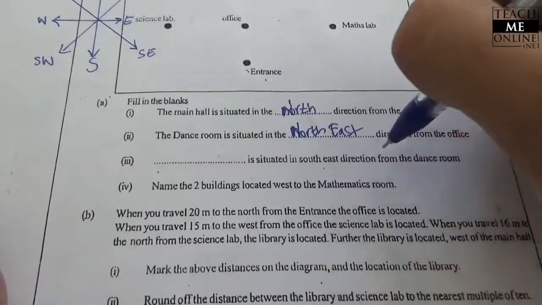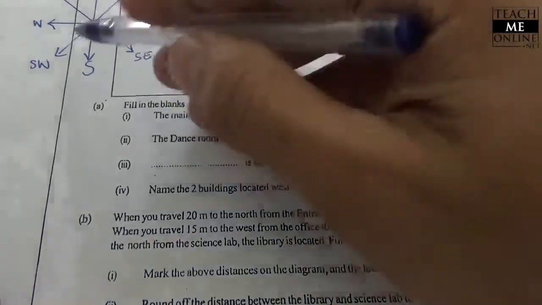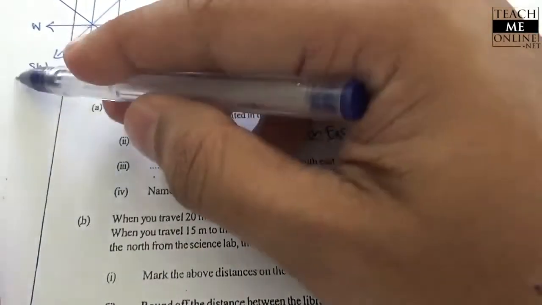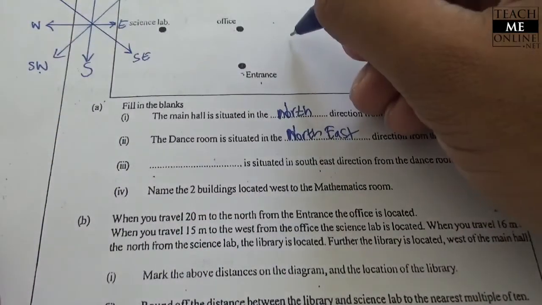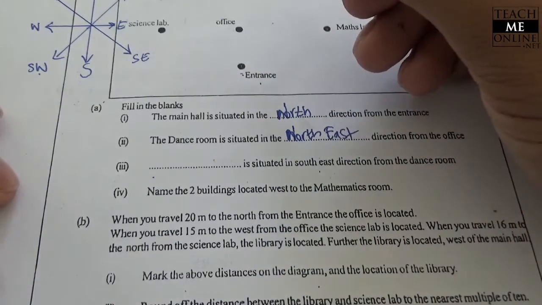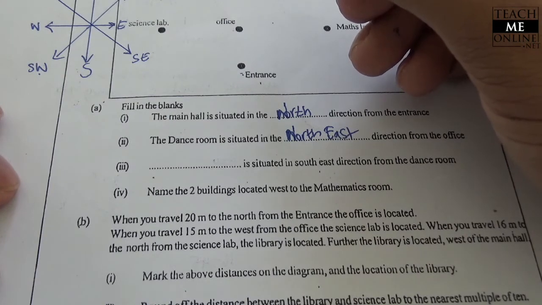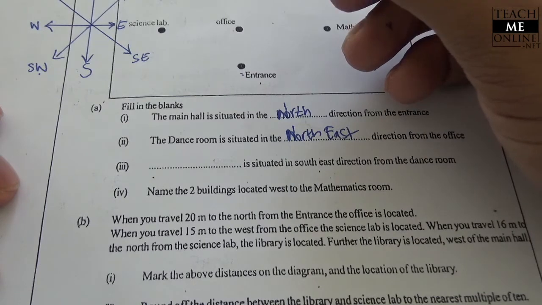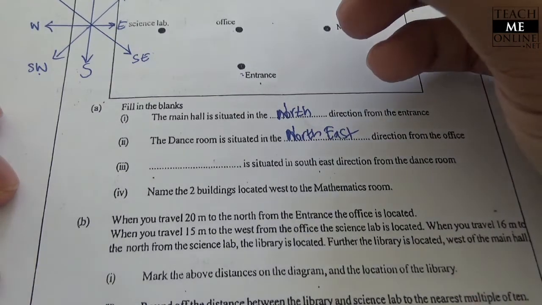Blank is situated in the southeast direction from the dance room. Southeast is this way, down and to the right. That is the office.